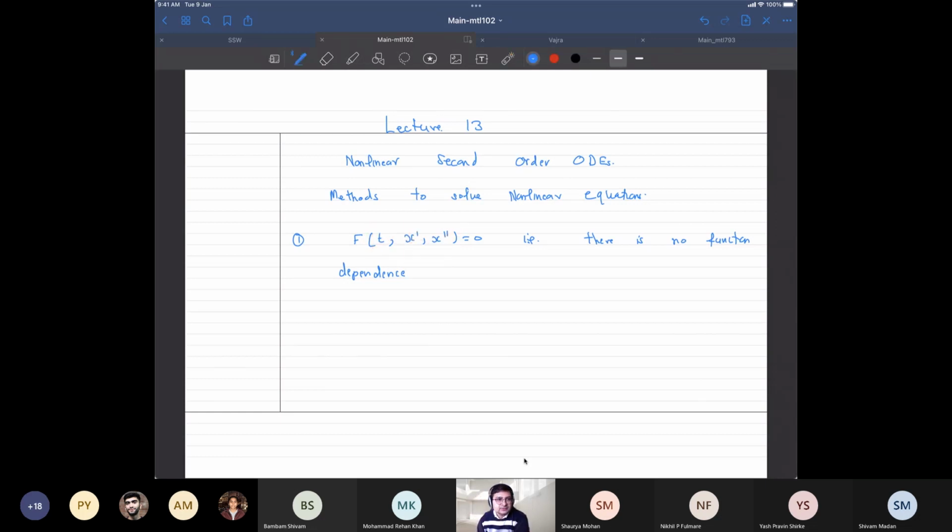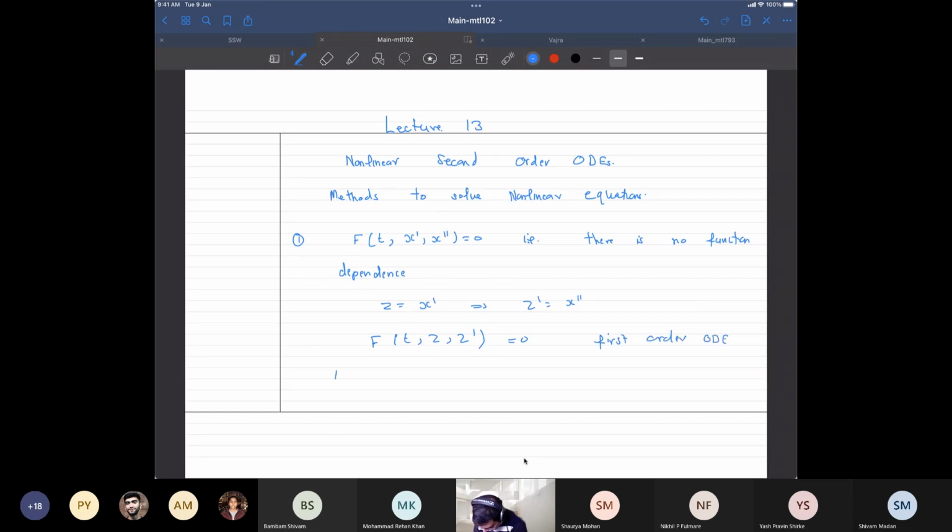The trick is you substitute z = x', then z' = x'', and the equation becomes f(t, z, z') = 0. This is a first order ODE.